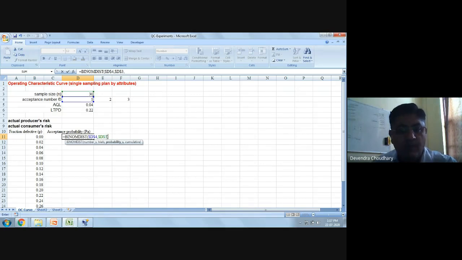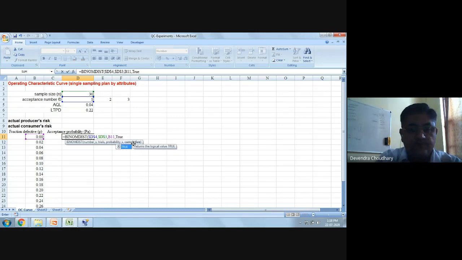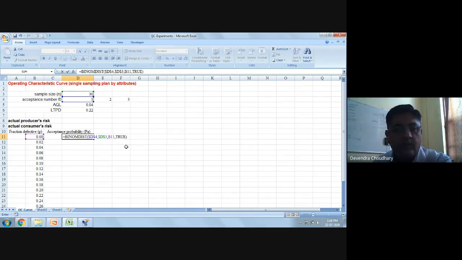Now, probability is the fraction defective, so I will not freeze this, and then cumulative, because I want to get the probability of having at most one defective when I inspect the sample of size 30. So I will write here true. I will double click it and then close the bracket, and then I will enter it.